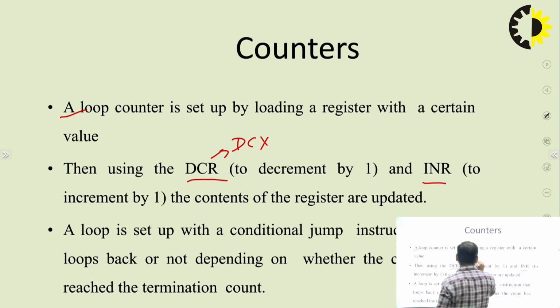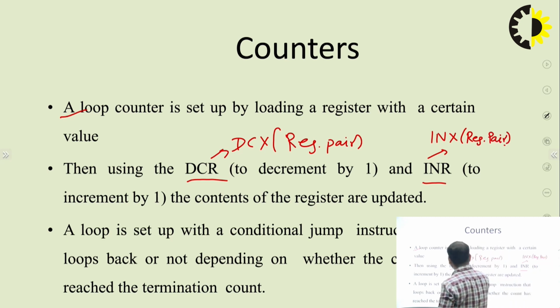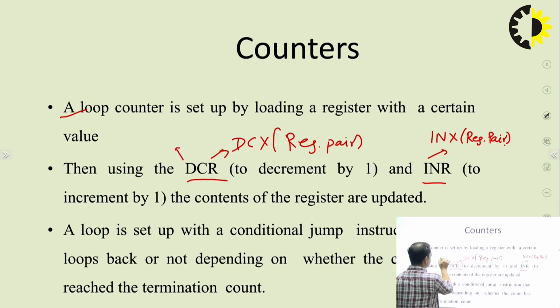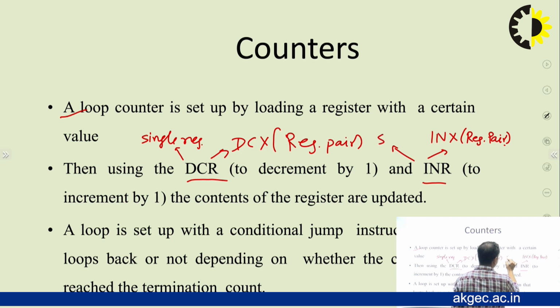So this DCX is used for the register pair, and in place of INR we use INX, also for the register pair. DCR and INR are for a single register. So in two ways we can give the count by using the registers as counters.